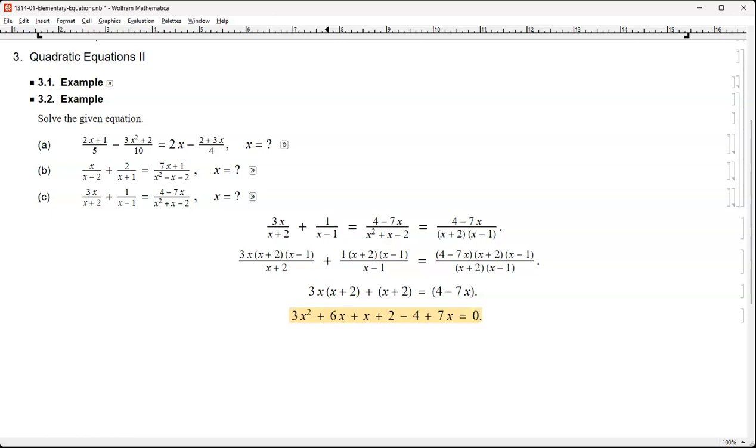After flipping everything to the left hand side, I'm going to get, let's see, 3x squared and then plus 14x minus 2. Is that right? 3x squared, 14x, and negative 2.